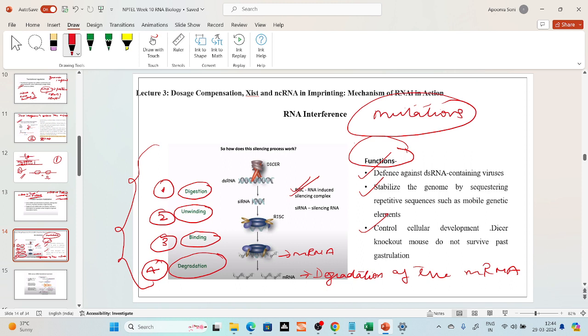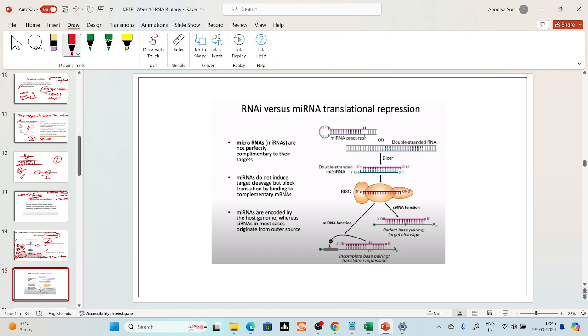So we can say that RNA interference has a lot of applications, and it indeed is important for the proper cellular metabolism and cellular development of our body. Now, there are two things. RNA interference is carried out with the help of siRNA.